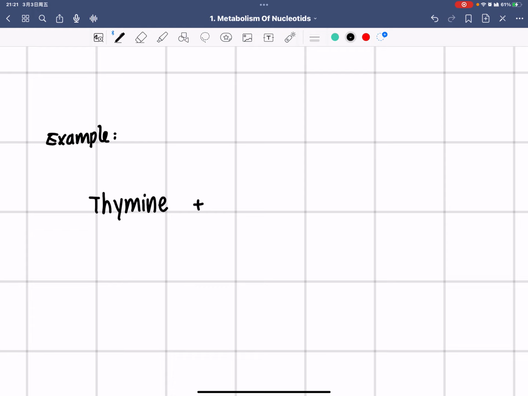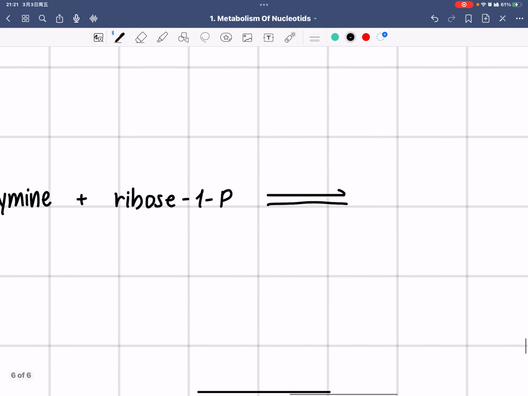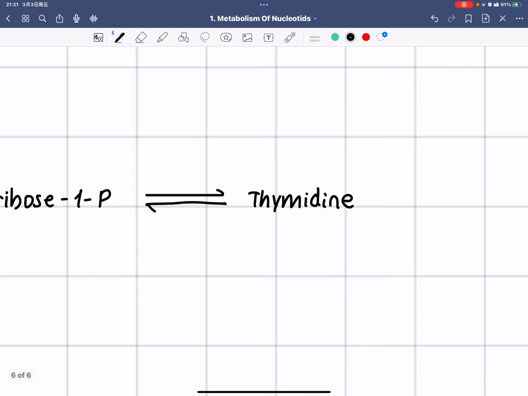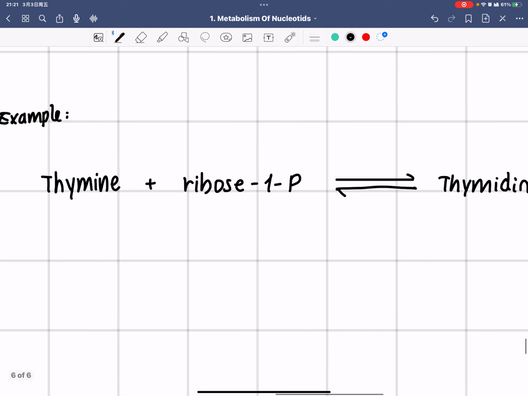Nah, let's go with ribose 1-phosphate. What do you get? A nucleoside, and that's a pyrimidine. And what's the enzyme called? Thymidine phosphorylase.